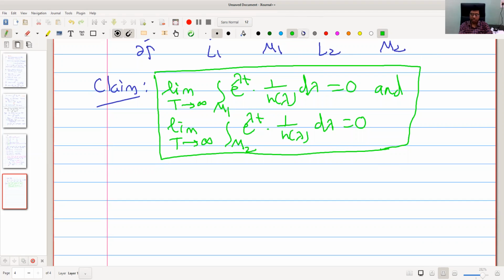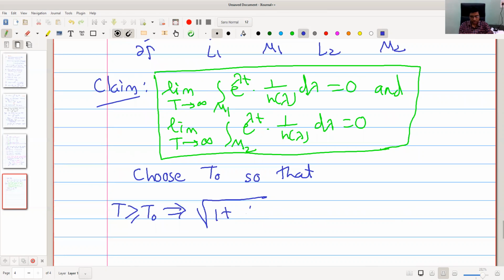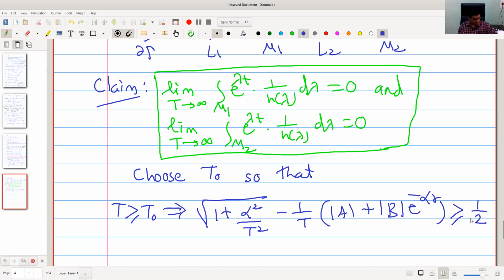So first we choose T0 so that capital T greater than or equal to T0 implies the square root of 1 plus alpha square by T square minus 1 upon T into mod A plus mod B e raised to minus alpha r is greater than or equal to 1 by 2.